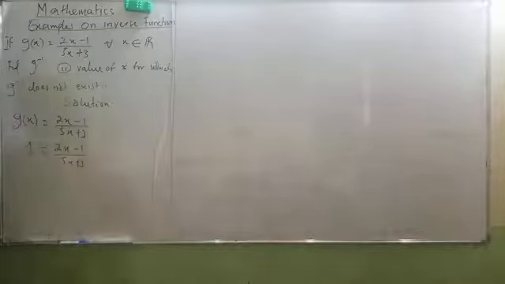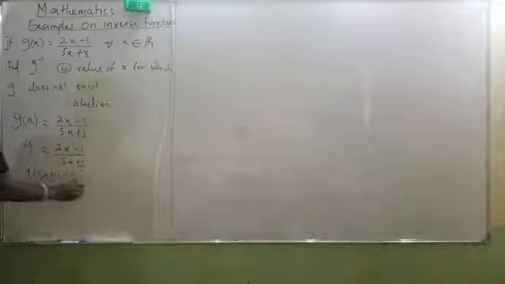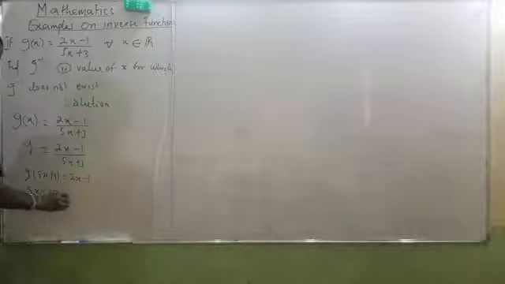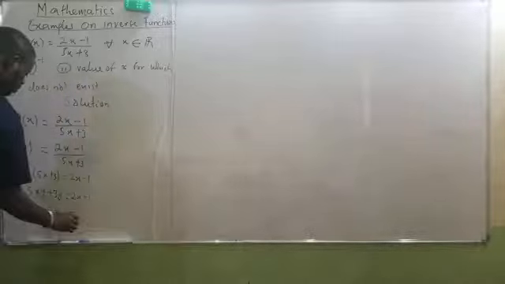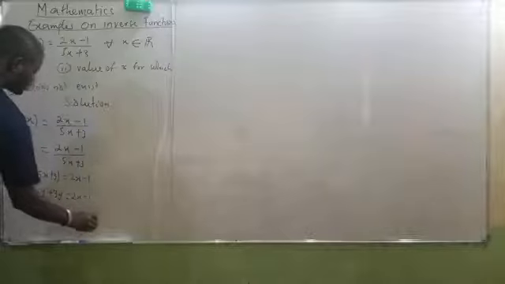I've told you earlier how to find the inverse. Let y equal 2x minus 1 divided by 5x plus 3. To find the inverse, I want to make x the subject. So y bracket of 5x plus 3 equals 2x minus 1. I have 5xy plus 3y equals 2x minus 1.